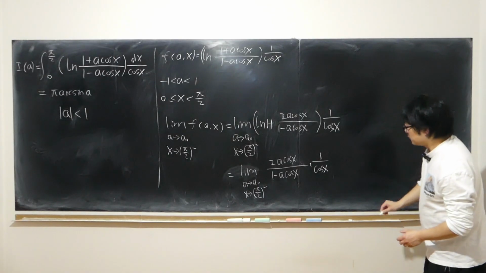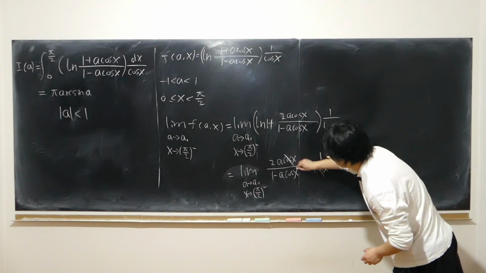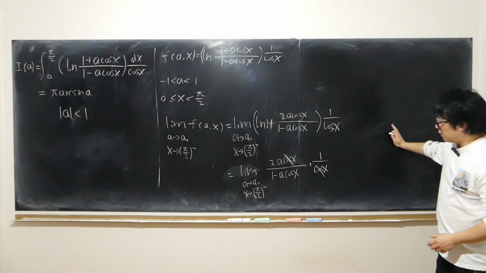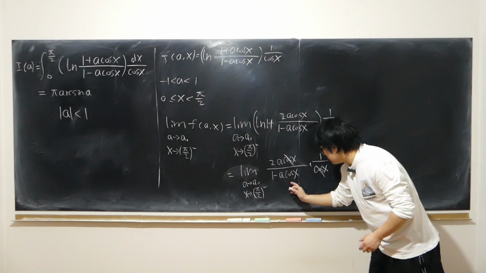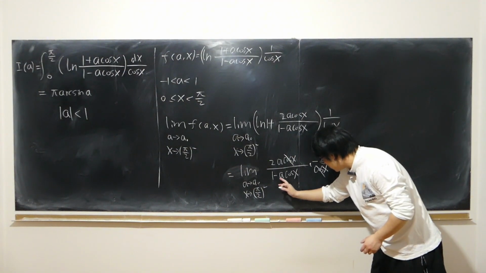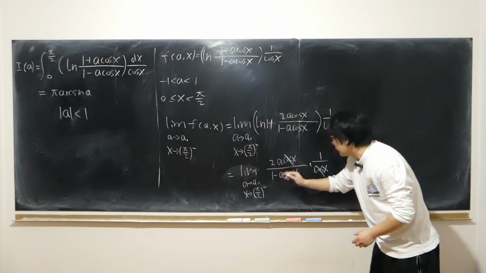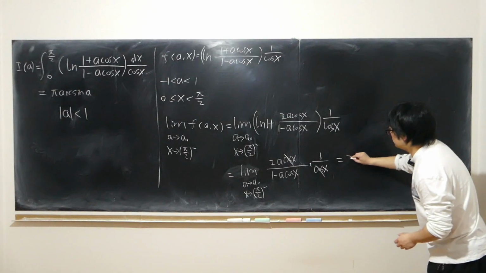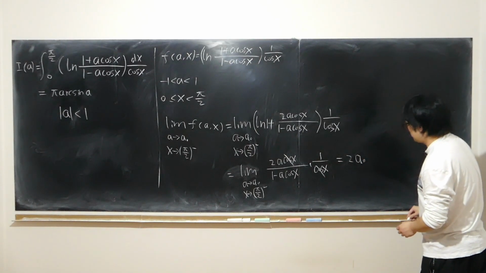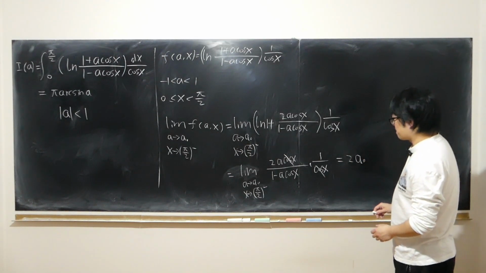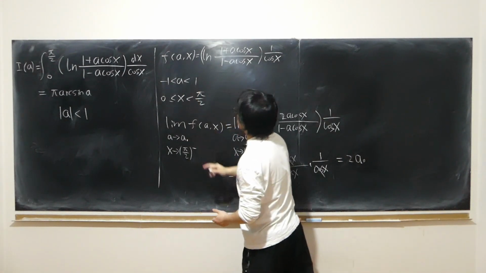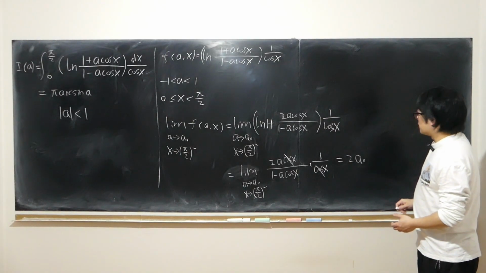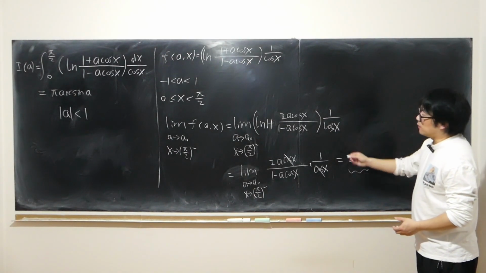Now here, cos x is no longer a problem. Once we let this a approach a naught, x approach, so we have 1 at the bottom, 2a naught. It doesn't matter what a naught is in between -1 and 1. So it looks like the limit does exist.